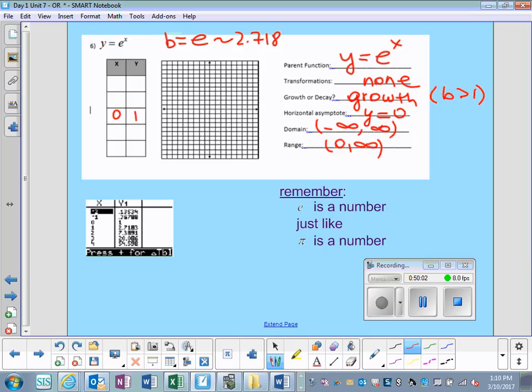Because anything to the power of 0 is 1. So I know at least one point, and I know my horizontal asymptote. And I know that when x is 1, it will be e, which is almost 3. So somewhere here. A pretty close approximation will look something like this.